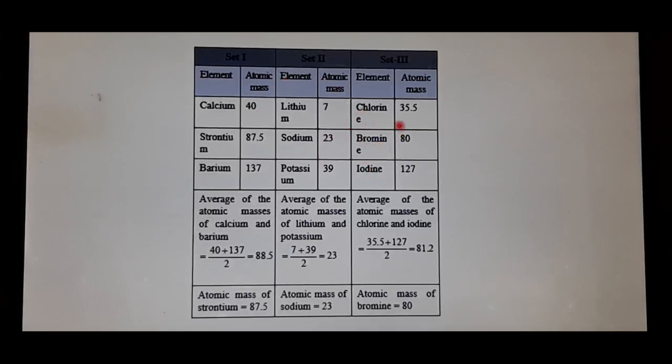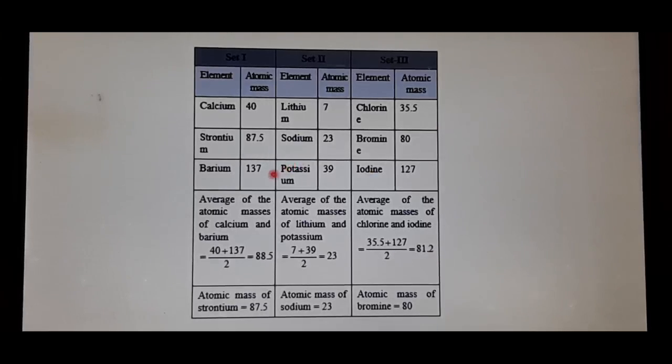We take the average mass of chlorine and iodine, which is 35.5 and 127. So 35.5 plus 127 divided by 2, we get 81.2, and you can see this 81.2 is roughly equal to 80.